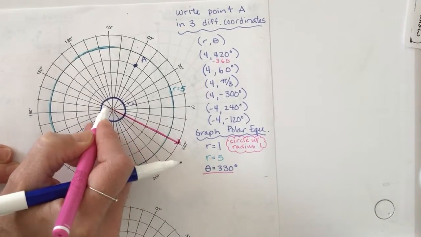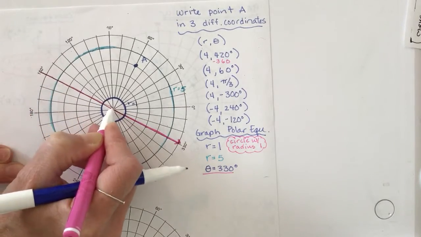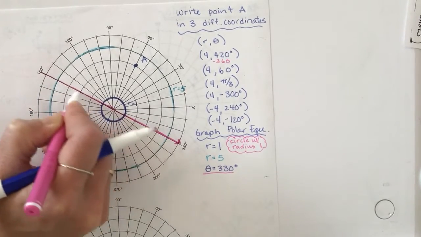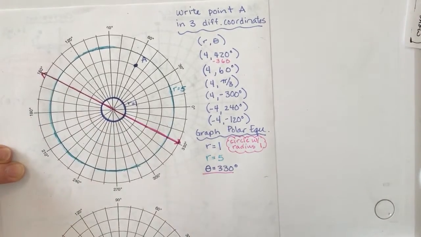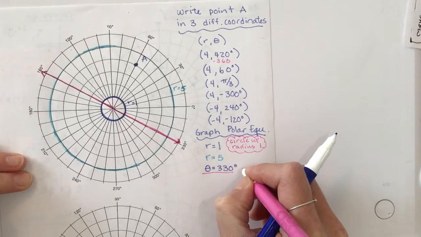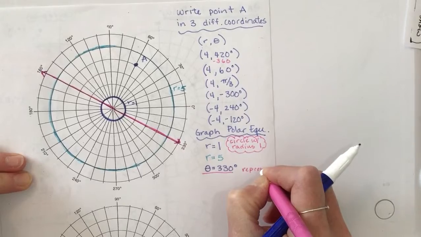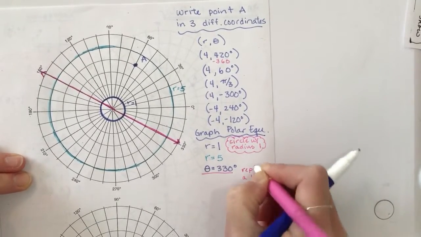So theta equals any angle. It represents a line. So pretty easy to graph a line too in polar. So that represents a line.